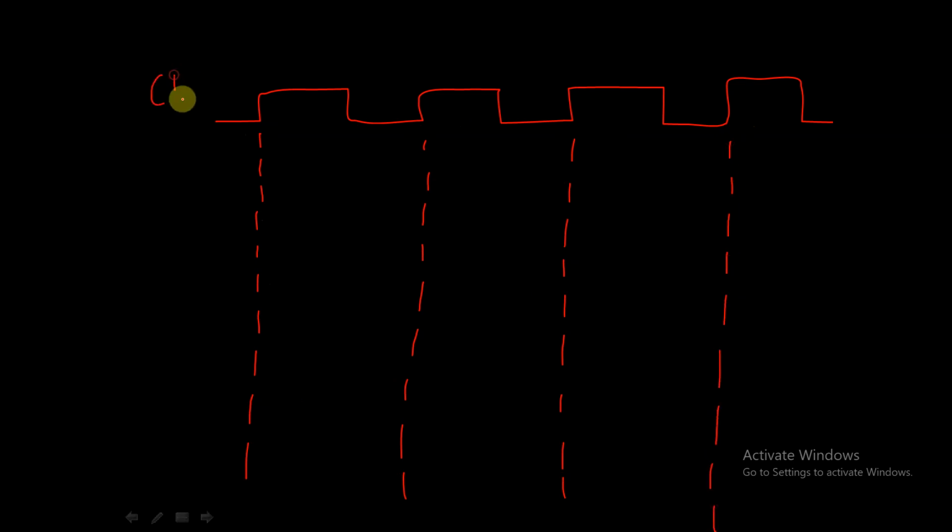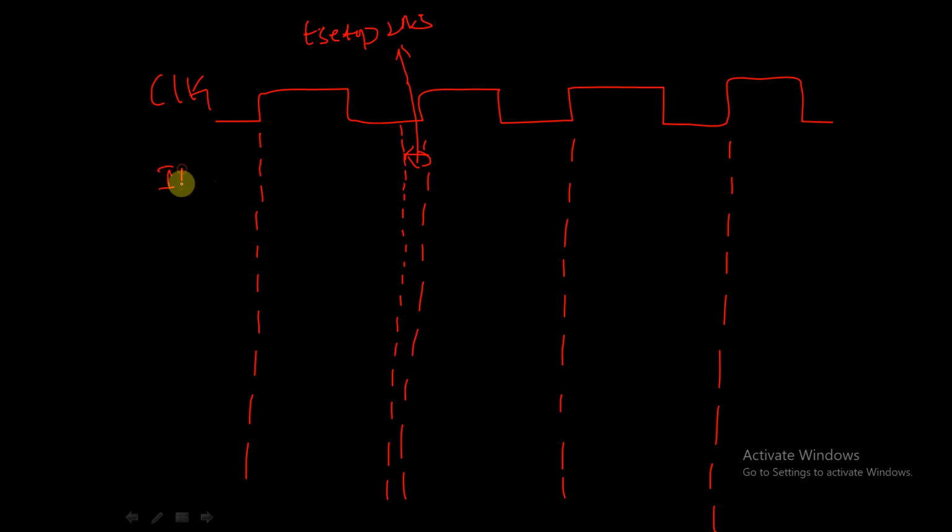So this is my clock and my setup time is 2 nanoseconds, that is before this positive edge. Sorry for my bad drawing. This is my t setup, which is 2 nanoseconds. My input should be applied on or before 2 nanoseconds.